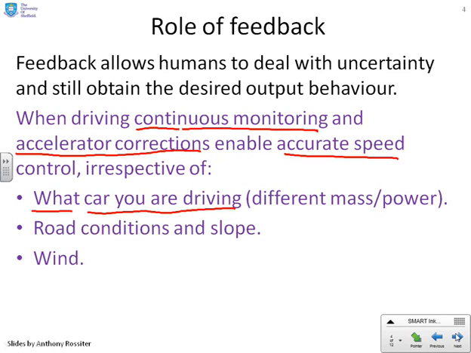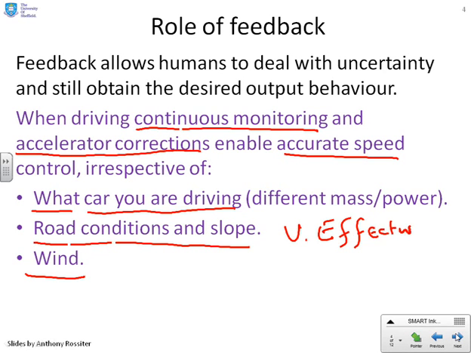Now the other interesting thing is you could change the road conditions. It could be a bumpy road, a smooth road, any sort of road. It could be going up a hill, could be going down a hill. You could be into a wind or with a tailwind. No matter what the uncertainty, we are very effective. Okay, so we're very effective at control, and it's this monitoring and feedback which allows us to do it.